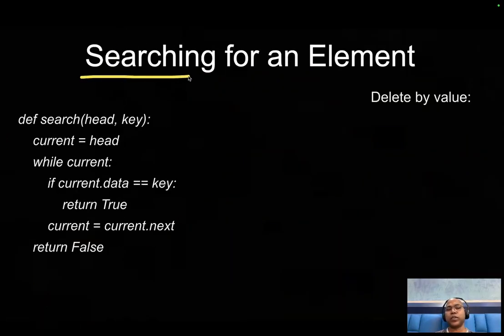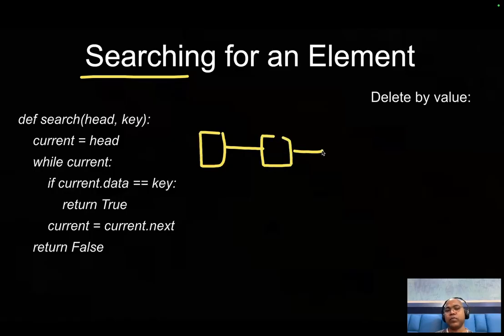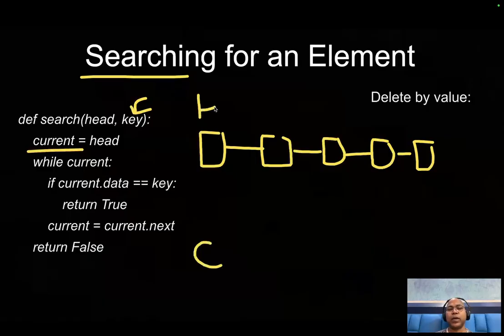Similarly, you may want to search for some element, found or not found. Same way, just like traversing the list, whatever linked list we have, let's say I want to find a particular key. We start from the header. This is the current. If the data matches this key, you can say it's found.